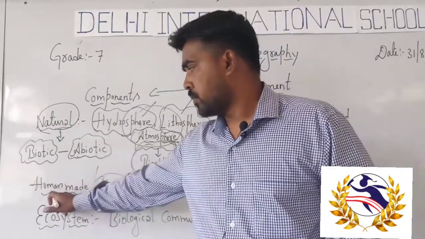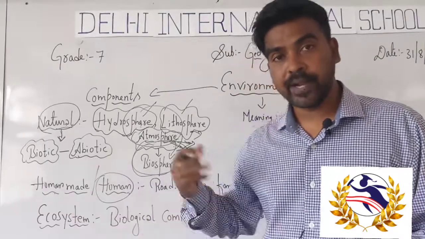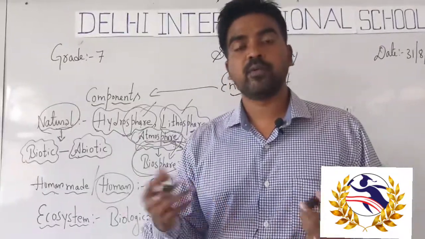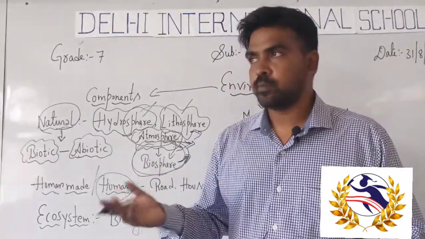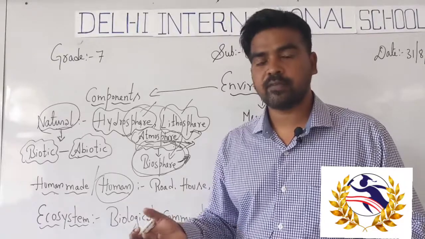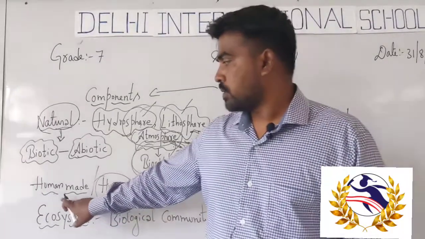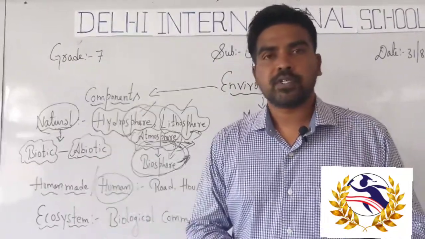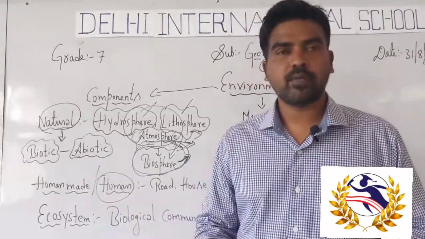And I will move to the next component, that is the human made environment, human made things to satisfy our needs. We have created many things to lead our life, to satisfy our needs. We have roads for easy transportation, for fast moving with the help of vehicles.